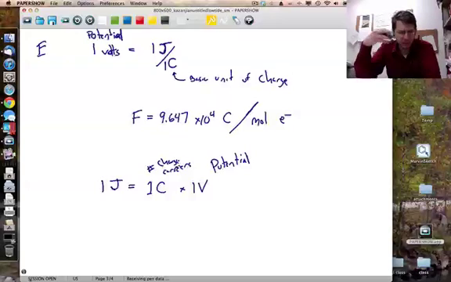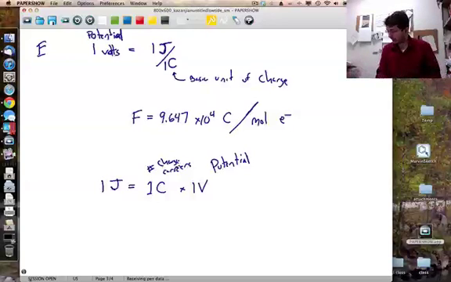Do you remember when we were balancing chemical reactions a couple of minutes ago? One of the things I said is that we have to be aware of how many electrons are being transferred. The reason we care is this. This allows us to relate energy, joules, to potential, how much work could potentially be done.